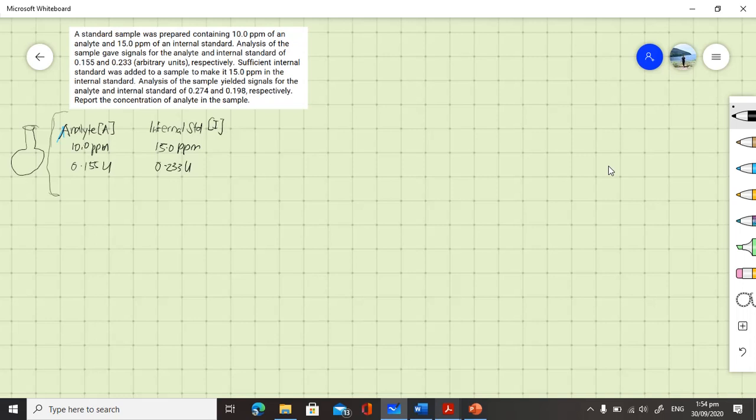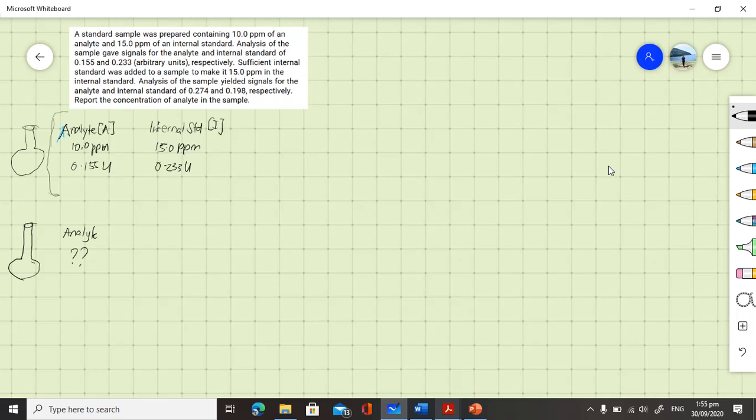Okay, so in another flask, you now have the sample containing the unknown. So it's still the analyte, right? But in this case, you no longer know the concentration. Because it's your sample that contains the analyte. Unlike in the first flask, where you prepared the analyte.